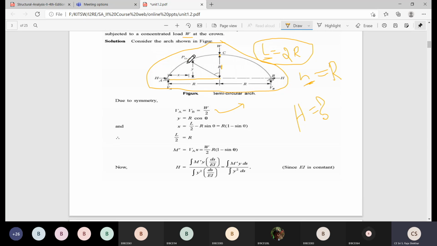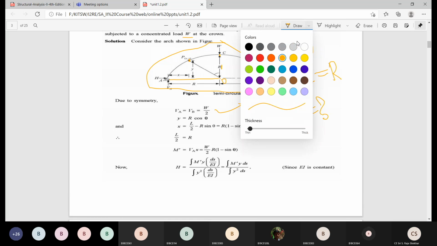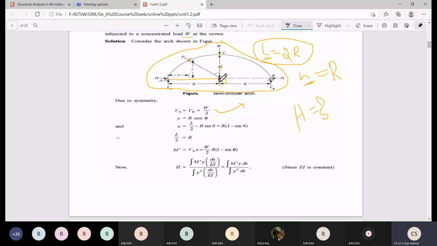If you see, this is R, the radius is R, and this is the origin O. It is mentioned that it is a semicircular arch.